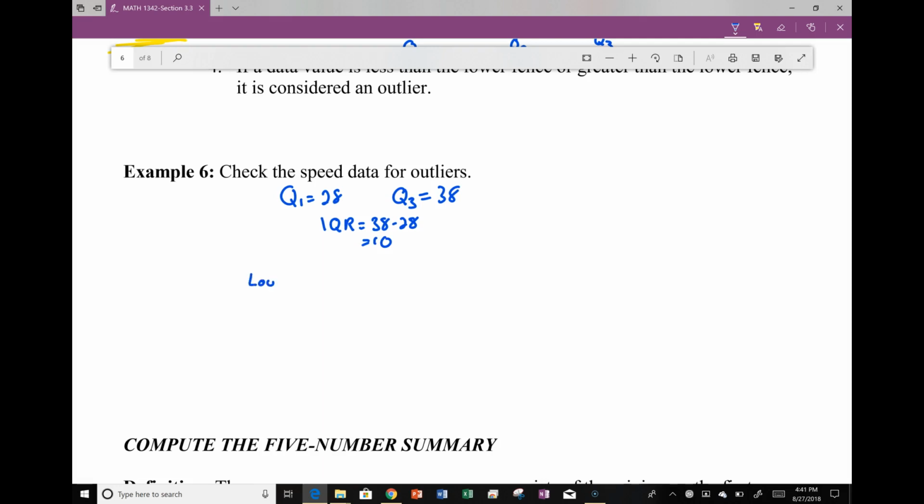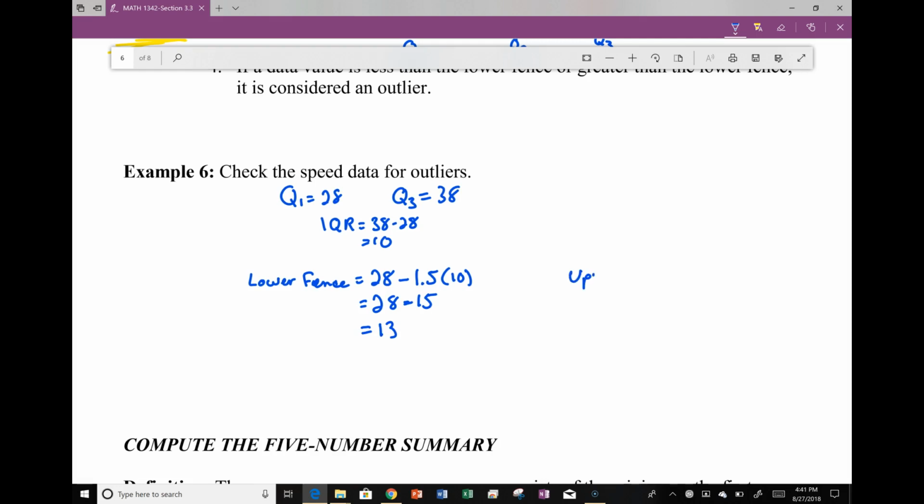Let's look at the lower fence. The lower fence is going to be 28, my Q1, minus 1.5 times my IQR. 1.5 times 10 gives me 15. So I'm going to take 28 minus 15, which is 13.